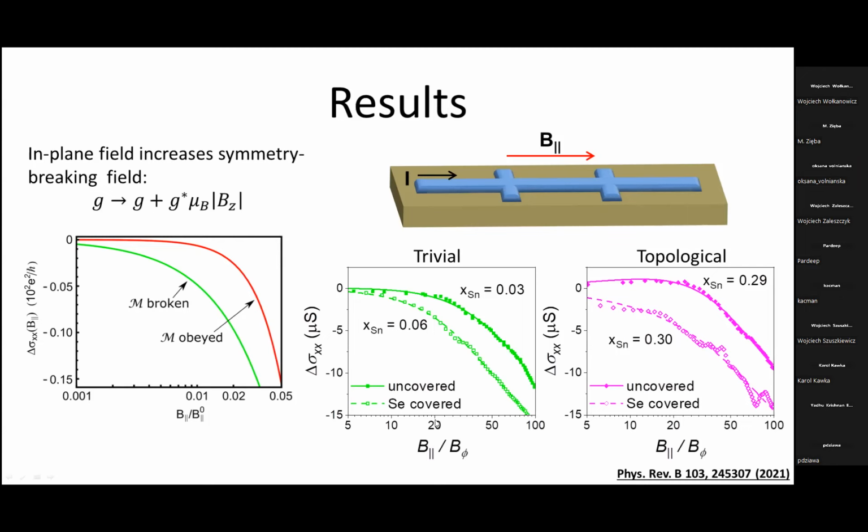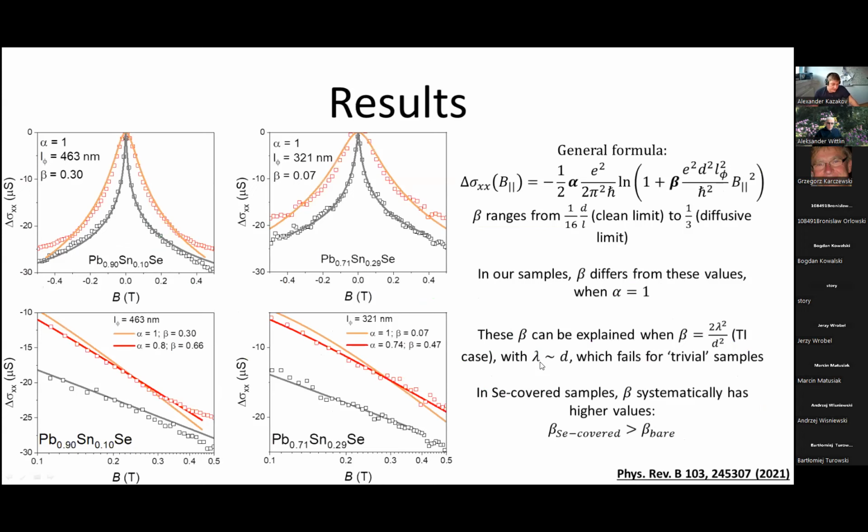If we compare the results of magnetoconductivity for the films with similar compositions, we see that systematically in the films with selenium cover, weak antilocalization is destroyed in lower fields compared to the uncovered cases. We also tried to fit the weak antilocalization in the parallel magnetic field with the conventional expression for parallel field effect.